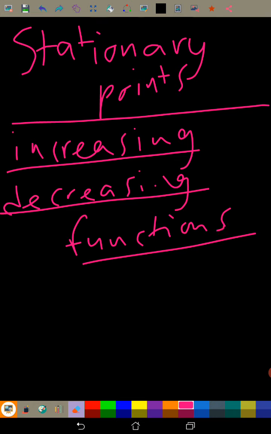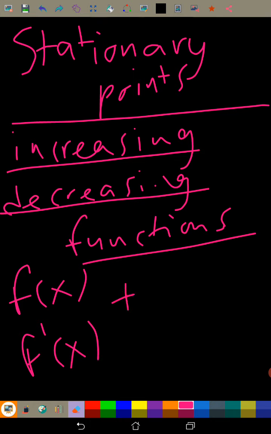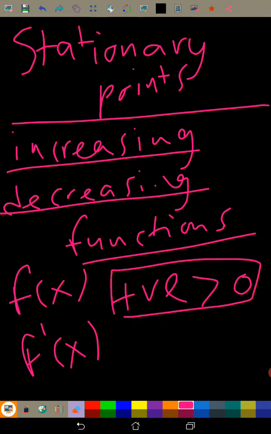So if you watch my very previous videos, you know that if we have a function f of x and we have the derivative, and if the derivative is greater than 0, exclusively positive, then it is an increasing function. So we say it's an increasing function f.